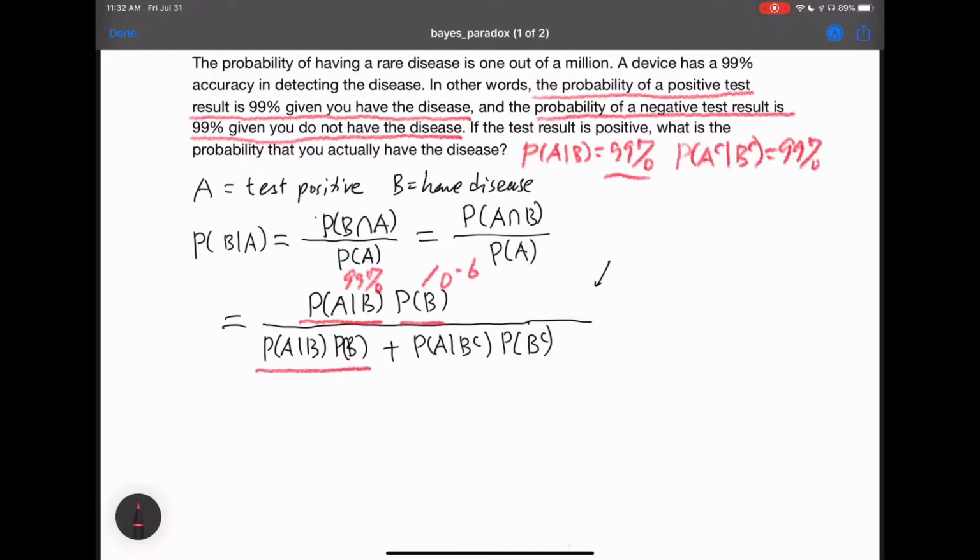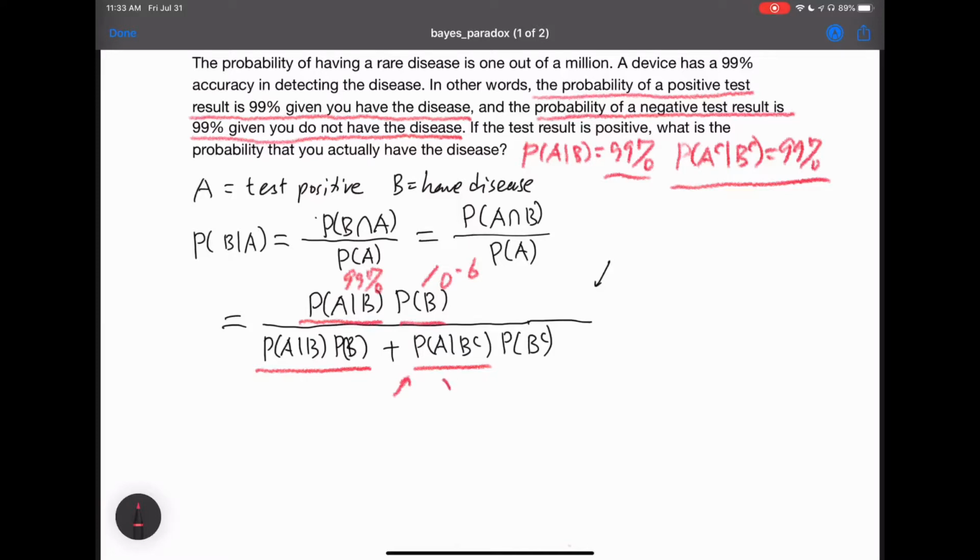And the first item in the denominator is the same as the numerator, so we can just copy it. Now, P of A given B complement, what we know is P of A complement given B complement. In other words, we know the probability of a negative test result given that you do not have the disease is 99%. But this is the probability of a positive test result given that you do not have the disease.